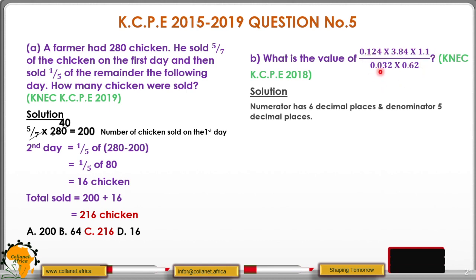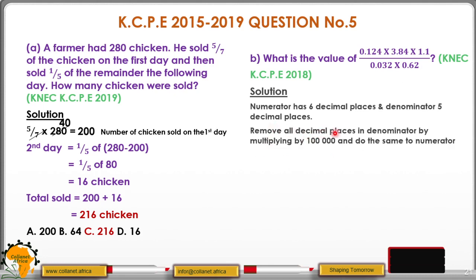Then the denominator, how many decimal places do we have? 1, 2, 3, 4, 5. So it is good to remove the decimal places in the denominator by multiplying by 100,000. Since it has 5 decimal places, you remove them by multiplying with a number that has 5 zeros.